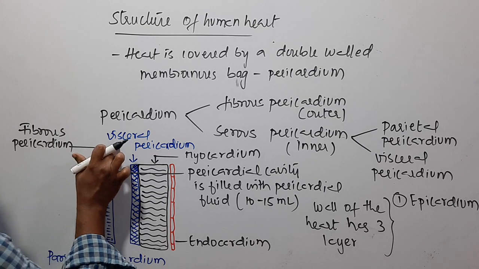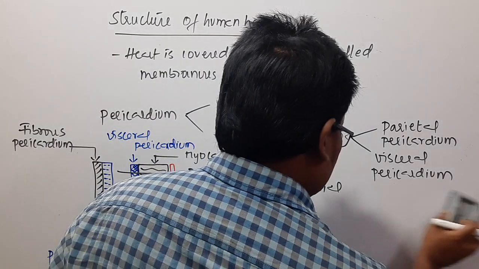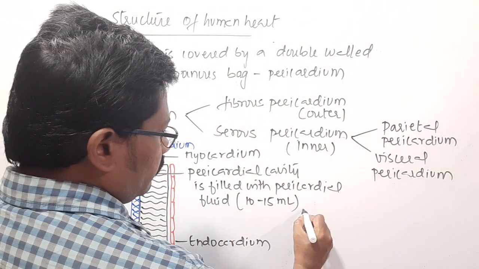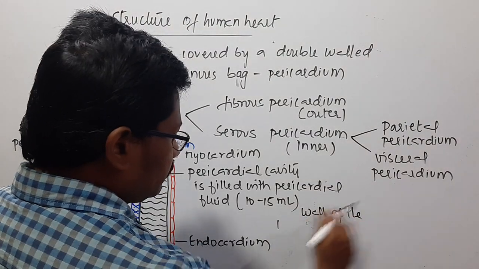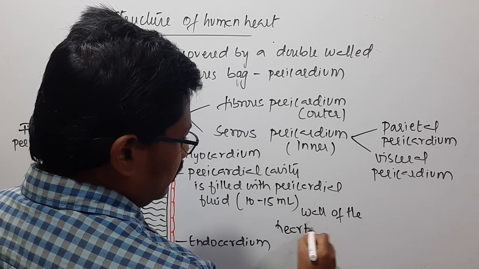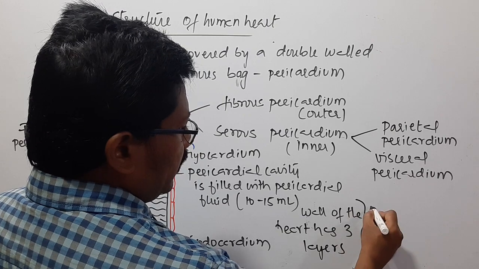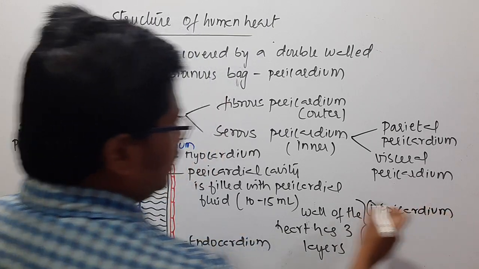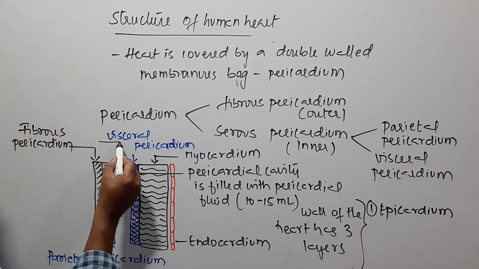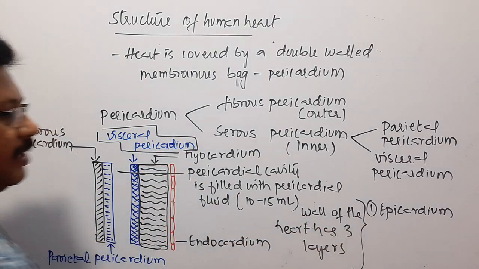This visceral pericardium will form that epicardium. I'll write here: wall of the heart has 3 layers. The first one is the epicardium. I told you that this visceral pericardium is the one that forms the epicardium.